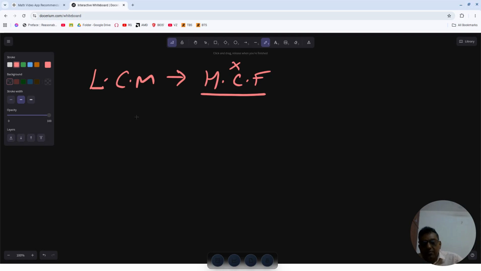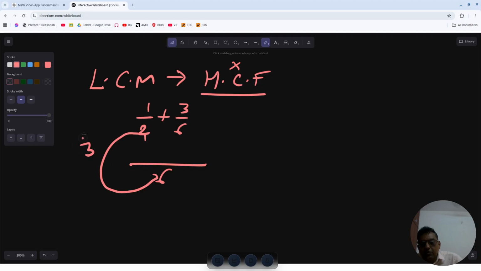For example, I can take a simple equation like 1 by 2 plus 3 by 6. Now, 6 is greater here, so it is divided by 6. 6 divided by 2 becomes 3.